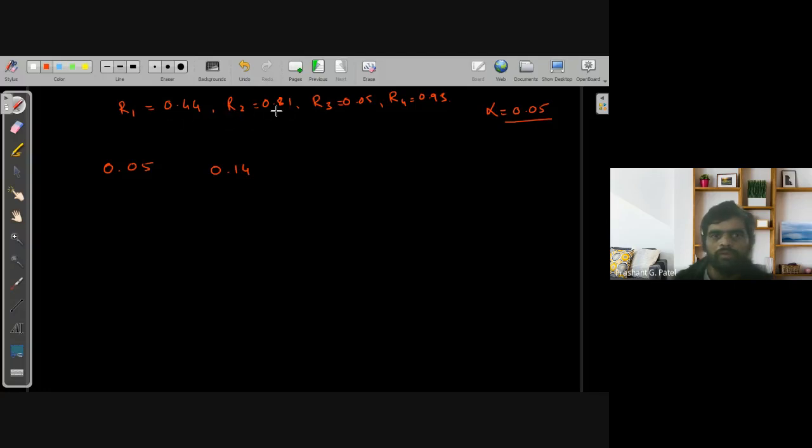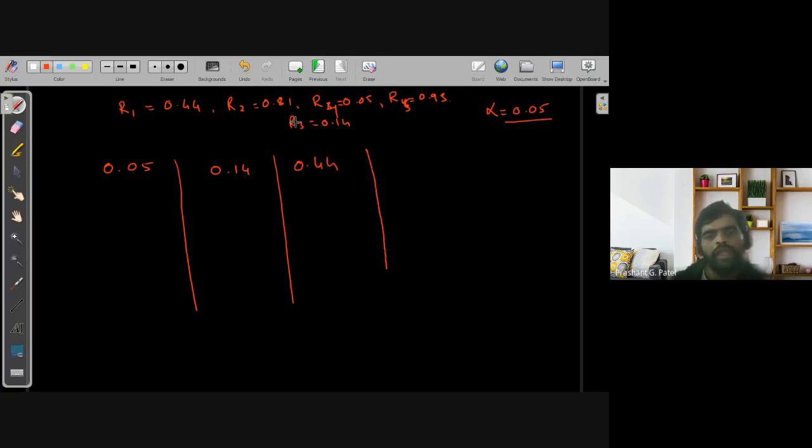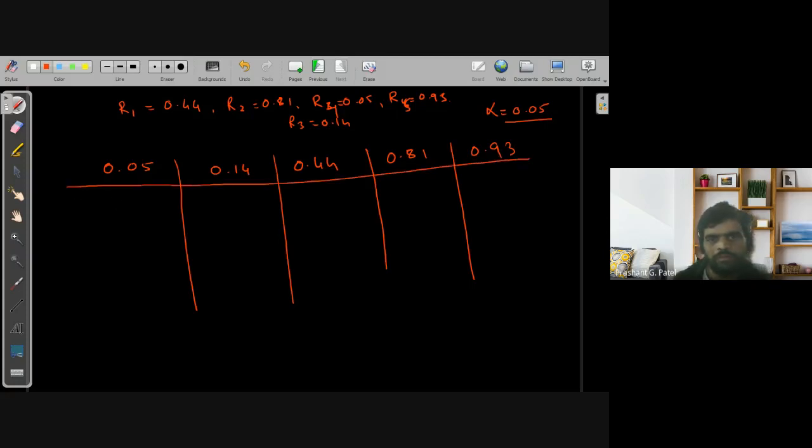So 44, 81, that number is left. 0.14 and 0.05, 3, 4, 5, 5 numbers are there. Then the next number is 0.44. Then you will have 0.81 and then 0.93. So this is your array.